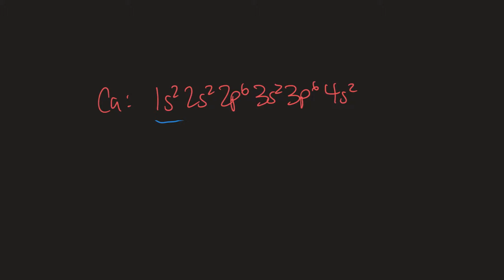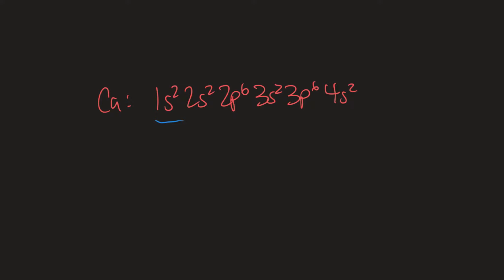Now, if I were to ask you how many valence electrons this atom has, based off the information that's given to you, remember, valence electrons are electrons that reside in the outermost energy level or the outermost shell. How can we figure out from this electron configuration?